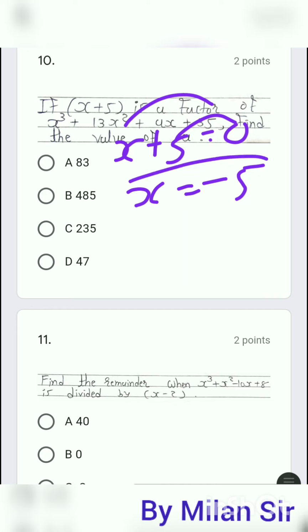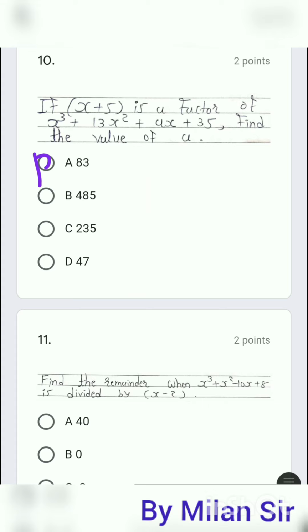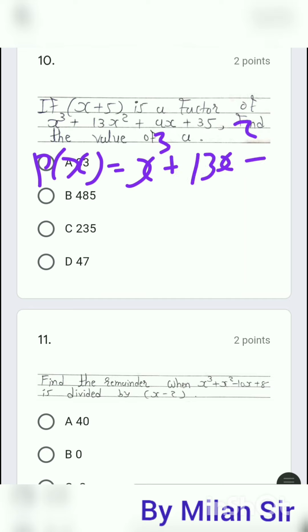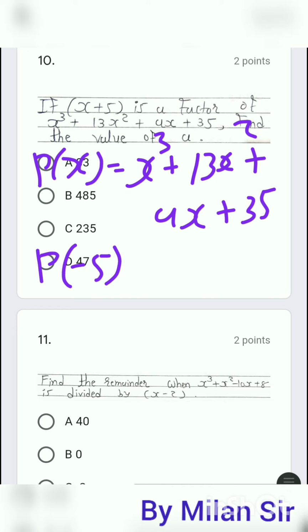Now put this value in the original p of x, it gives the remainder, but we know that the remainder is equal to 0 because x plus 5 is a factor. So here our p of x is x cube plus 13x square plus ax plus 35. Now in place of x we need to put minus 5.